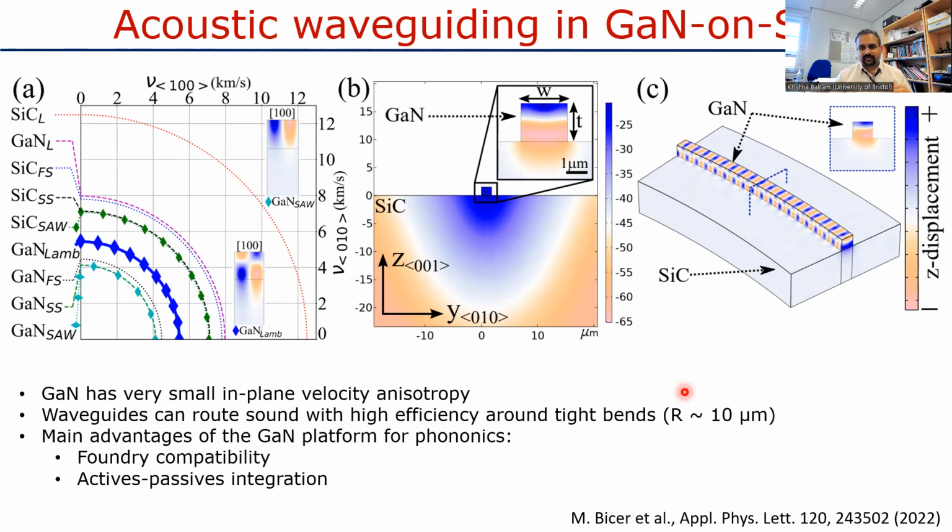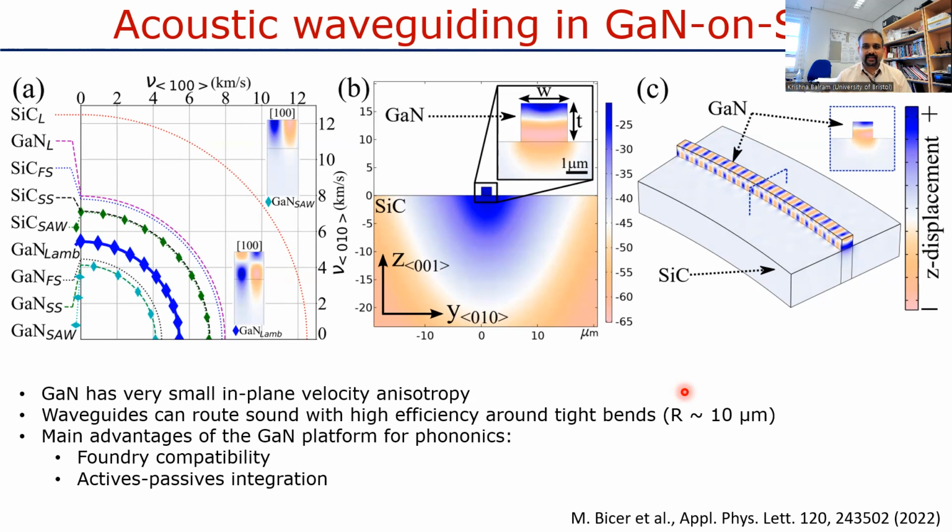As we'll show, for various unrelated reasons, the epitaxial growth of gallium nitride on silicon carbide has been perfected to the point where the interface defect density has been reduced significantly. This means you can have almost lossless waveguiding inside this platform. And I'll show some results where the excess dissipation in these systems can be really, really small.